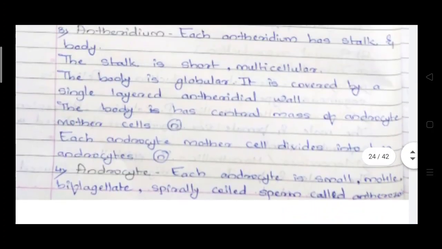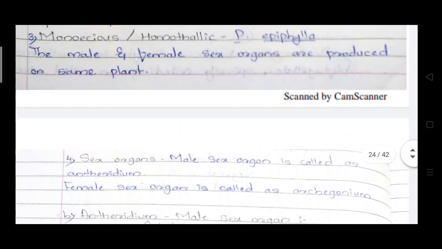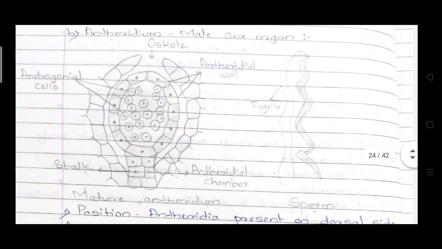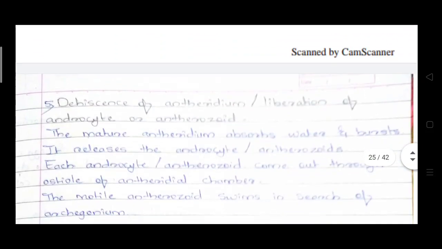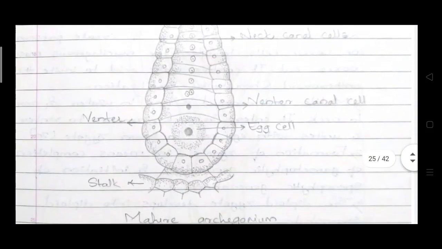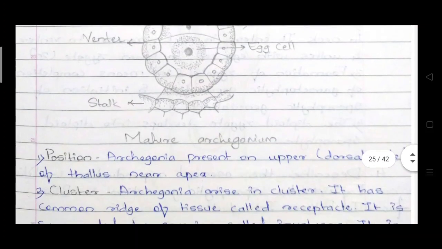If the question asks regarding reproduction or gametophytic reproduction, then you have to write about the antheridium, that is the male sex organ, and the female sex organ, the archegonium. Up to its maturation, then after maturation how the dehiscence will take place, and after dehiscence how the fertilization will take place in male and female sex organ. So in reproduction you have to mention all those points.